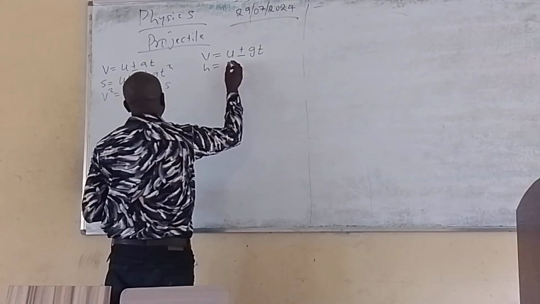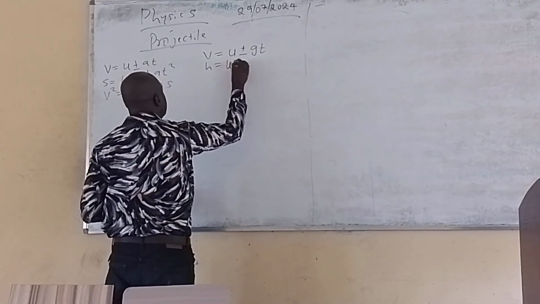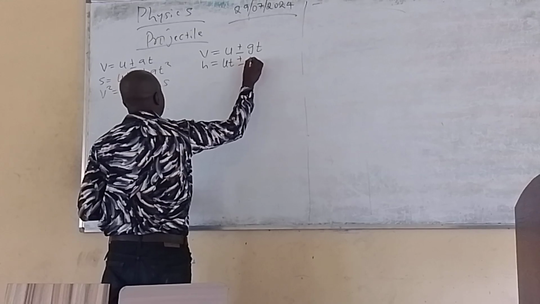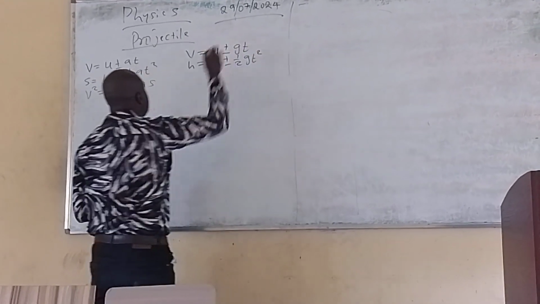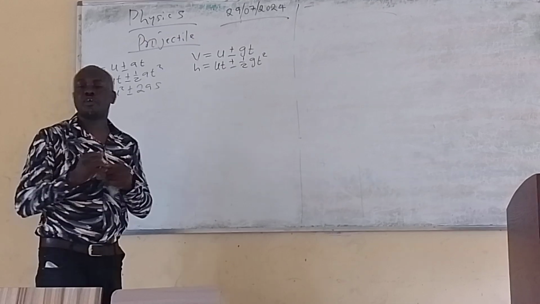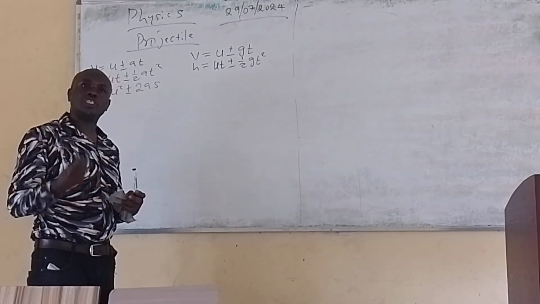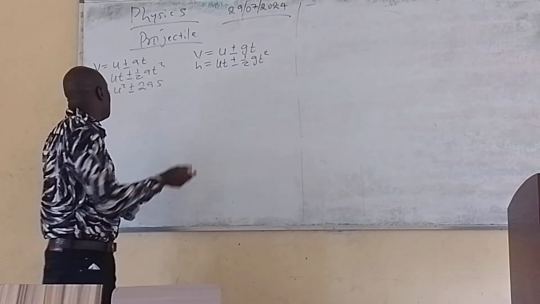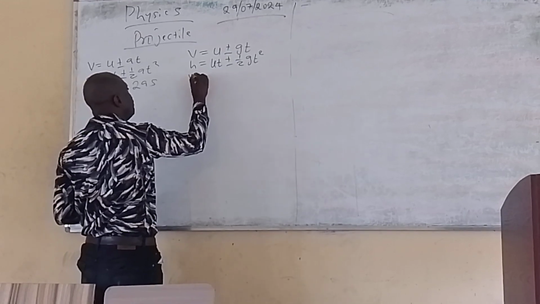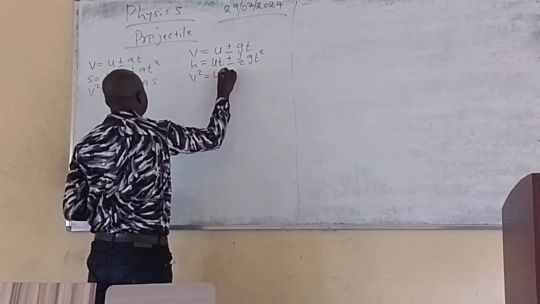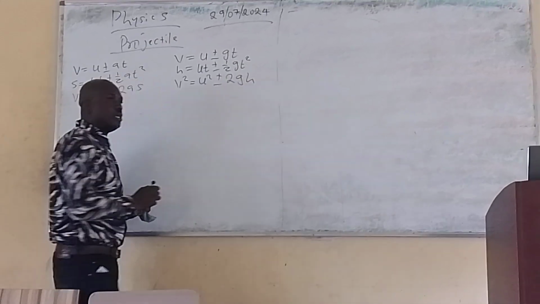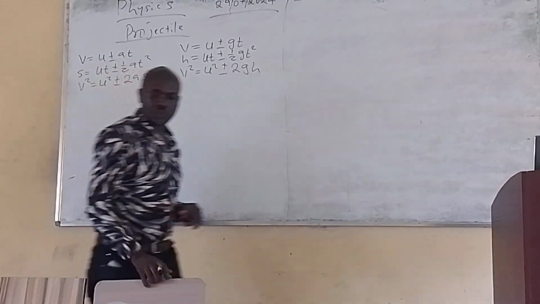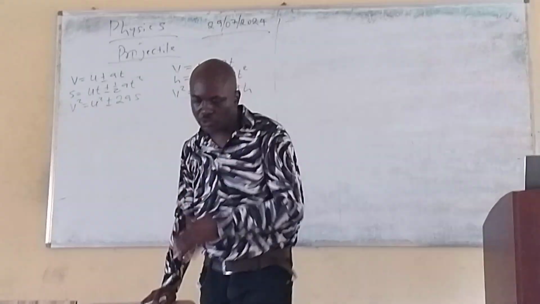So we have H equals UT plus or minus half GT squared. It is G because the acceleration, with launching in space, is now gravity. Then we have V squared equals U squared plus or minus 2GH. These are the three equations we are going to use to prove our case today.